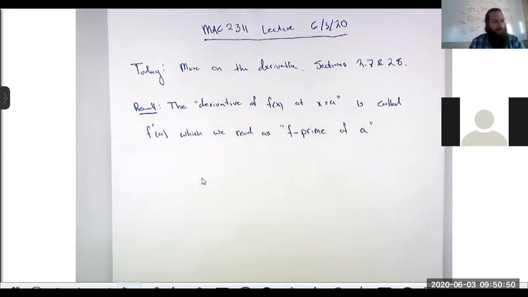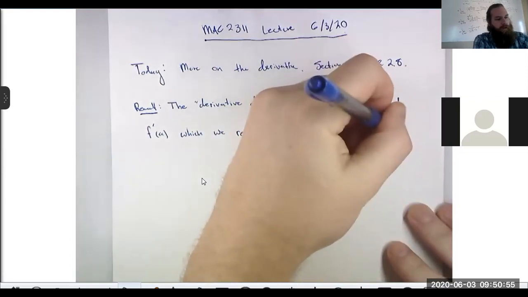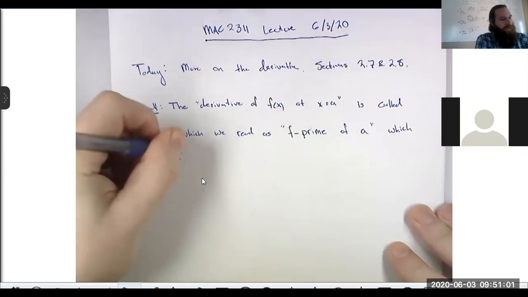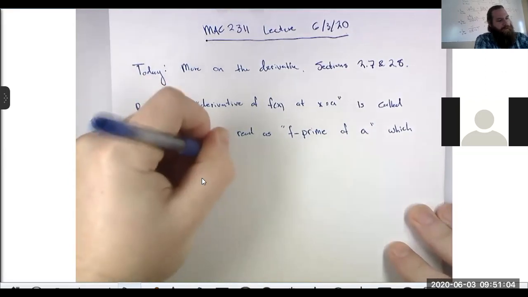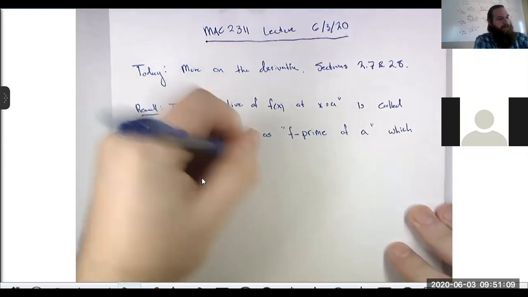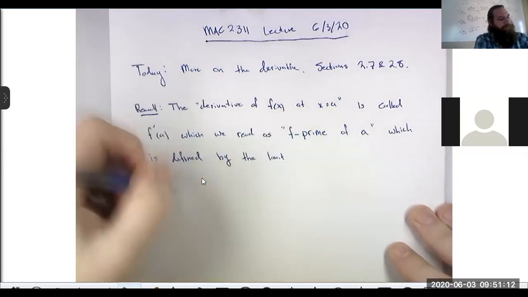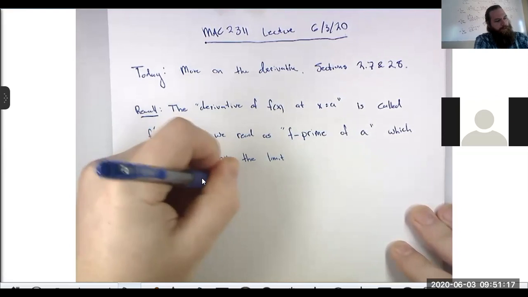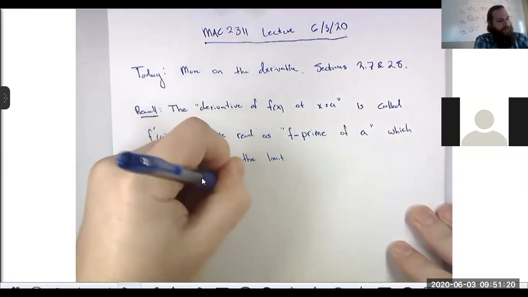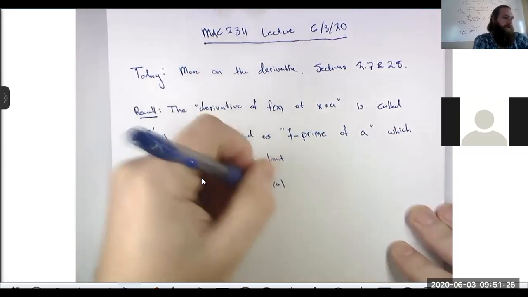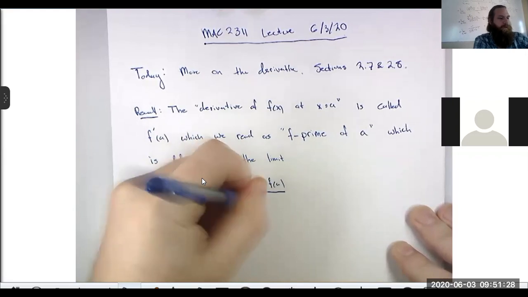Either one would mean the same thing, and we use this symbol for that, which is defined by the limit of f of a plus h minus f of a all over h.